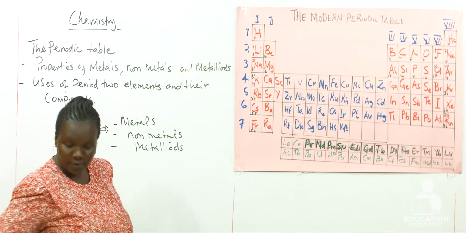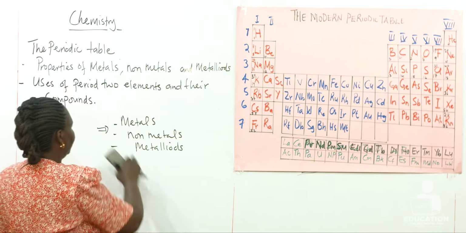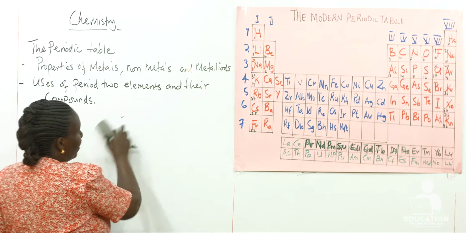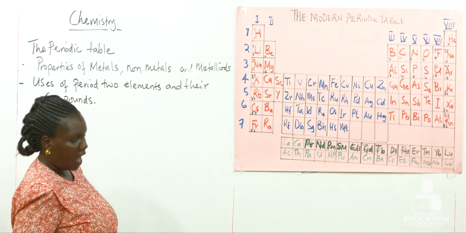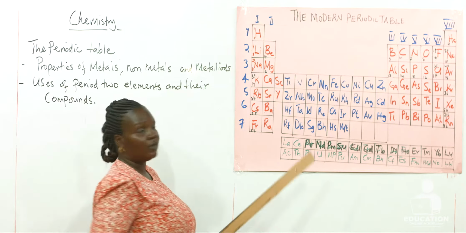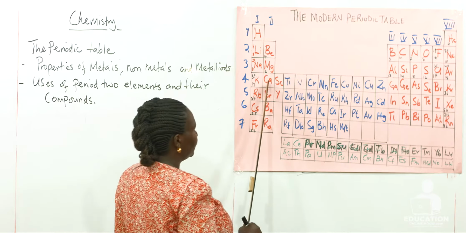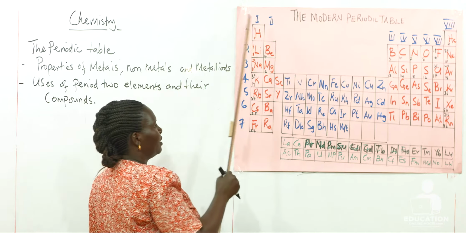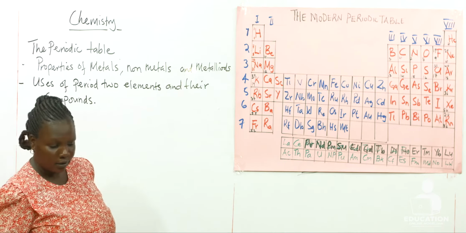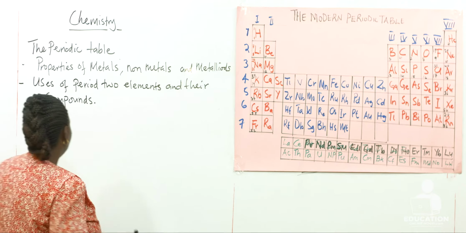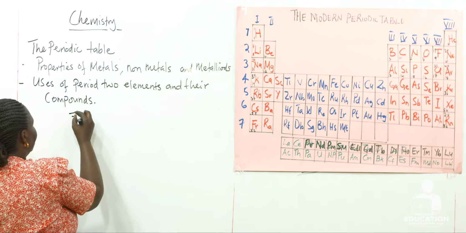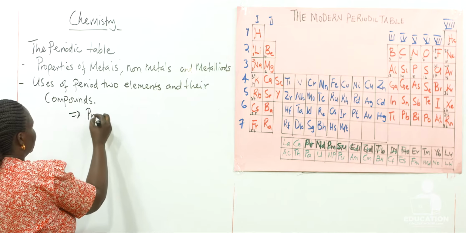So we start with the metals. The metals are found at the left hand side of the periodic table, and mostly they represent members of group 1 and 2.